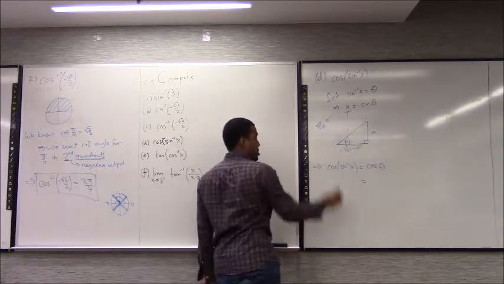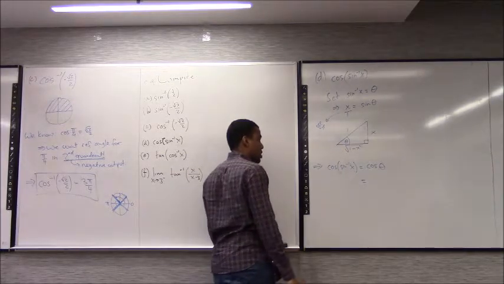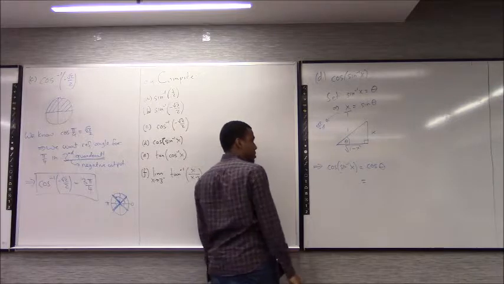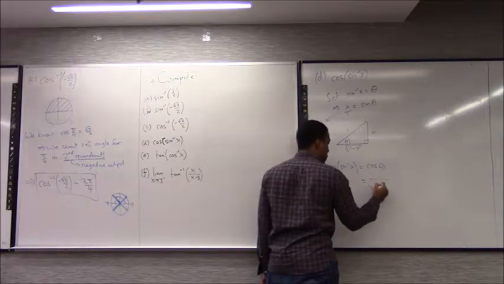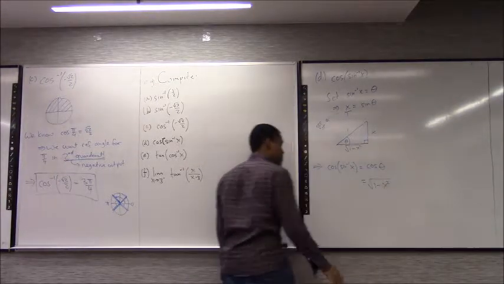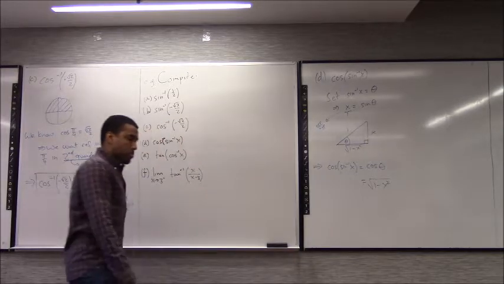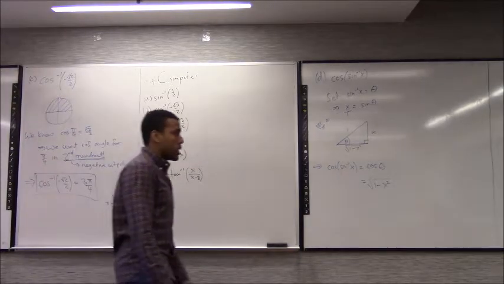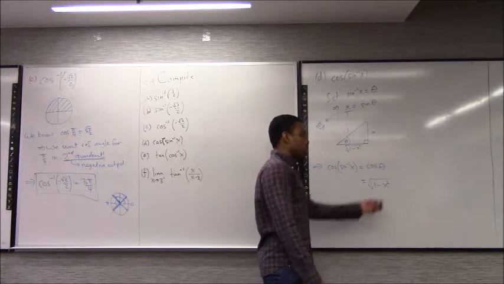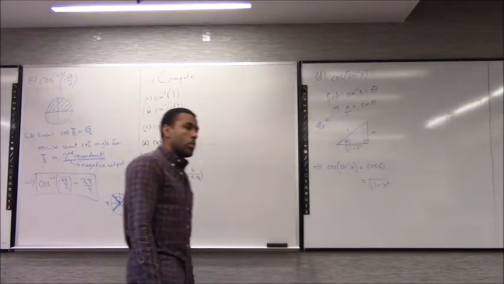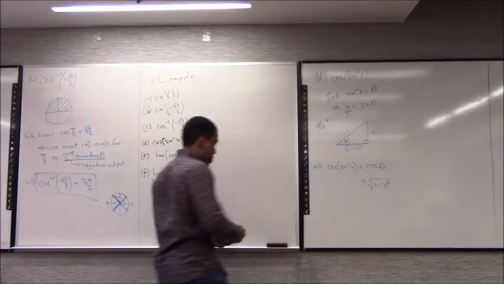Cosine of theta I can get from this triangle as adjacent over hypotenuse. So it turns out if I take the cosine of the sine inverse function, it ends up being the expression radical of 1 minus x squared.